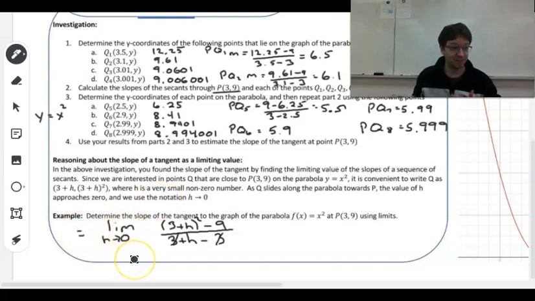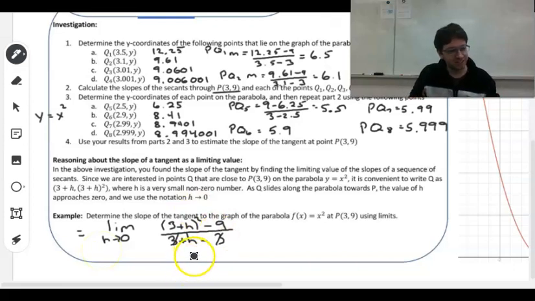Lim stands for limit, as some variable, in our case h, gets closer and closer to 0. Because that's what we want. We want Q to get closer and closer to P, right to the point where it's almost right on P. So the smallest number you can think of, but not quite 0, but approaches 0.